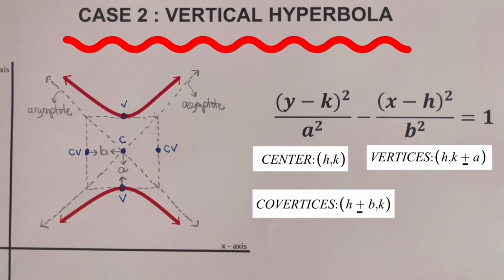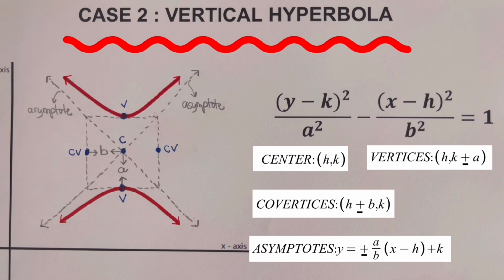The equation of these two asymptotes for a vertical hyperbola is y equals plus or minus a over b times the quantity x minus h, plus k. Now we also have two foci for this vertical hyperbola. The 2 points labeled F are the two foci, and the coordinates of the two foci would be (h, k plus or minus c).